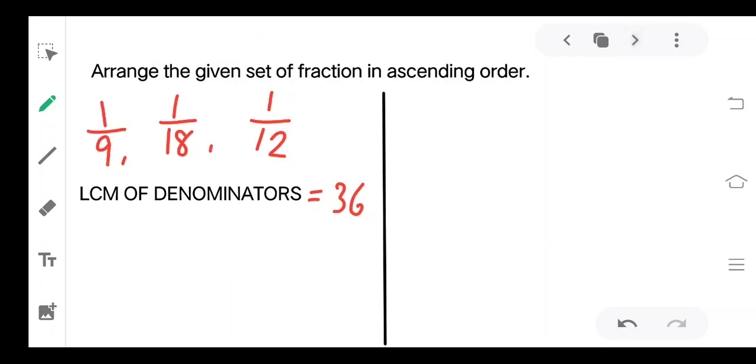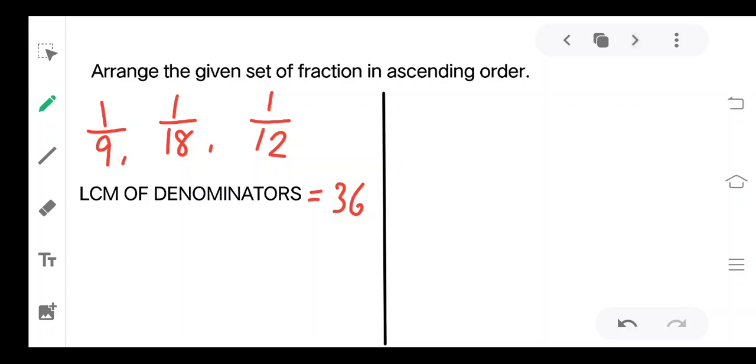Students, now arrange the given set of fractions in ascending order. In ascending or descending order, you have to take the LCM. You can see the numbers 1 upon 9, 1 upon 18, and 1 upon 12. And the LCM of these is 36.